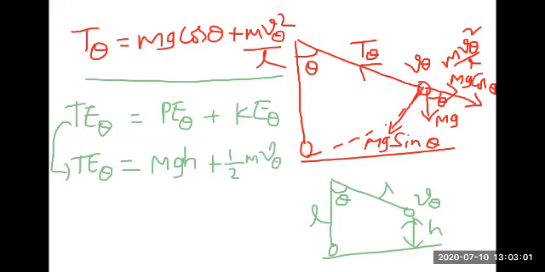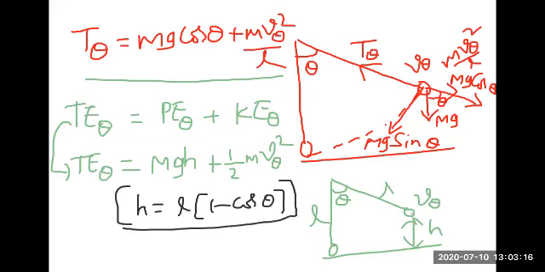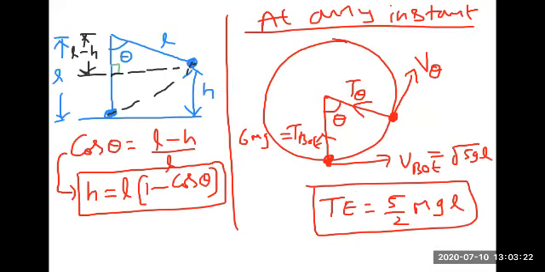Already I told you that h can be taken as L into 1 minus cos theta. This is the formula I have given on my last page. You can check. H is equal to L into 1 minus cos theta. This is the formula we discussed.